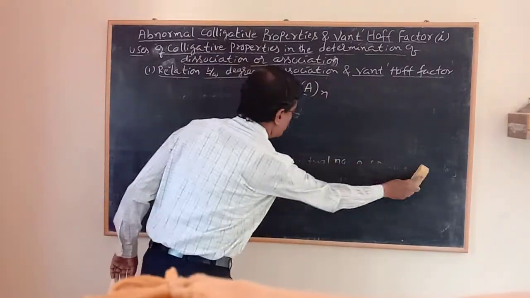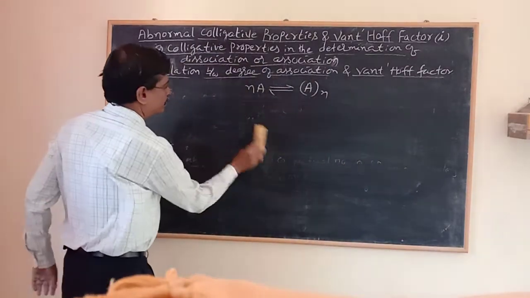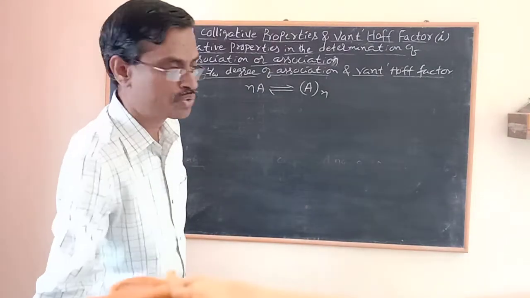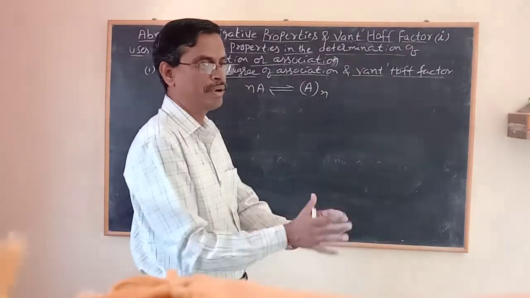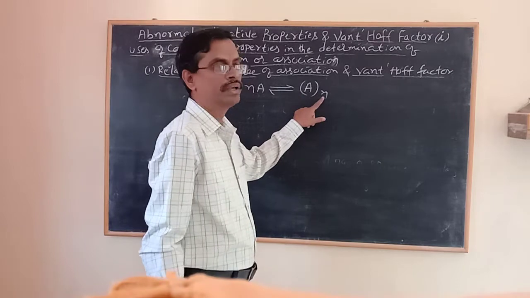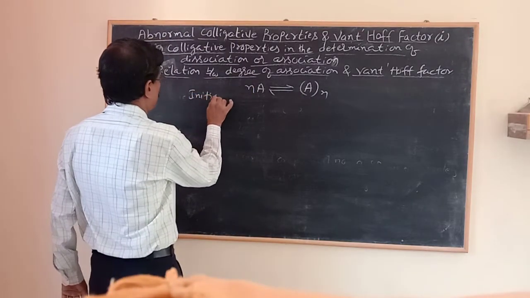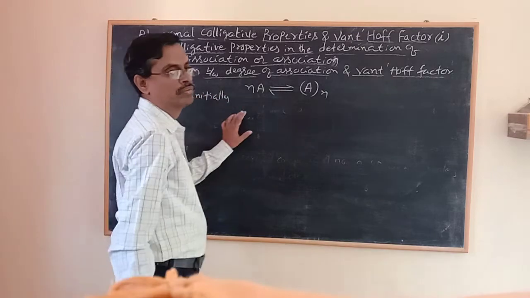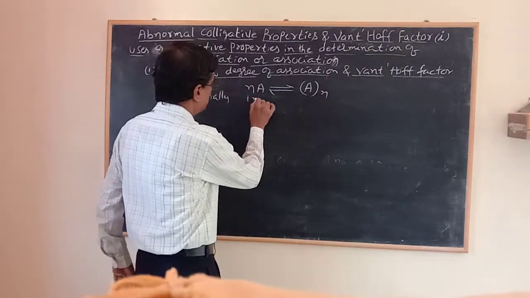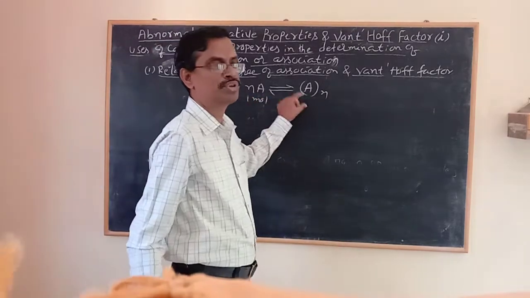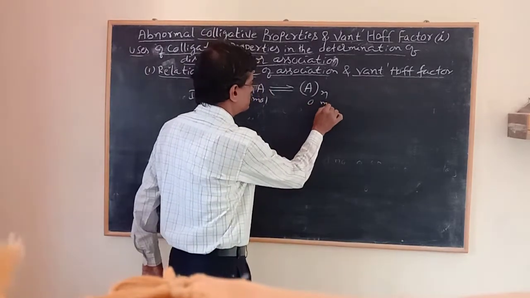Here we are taking n number of molecules of A that associate, or combine, to form A_n. Initially, for example, 1 mole is there and there is no formation of product, it is 0 moles.